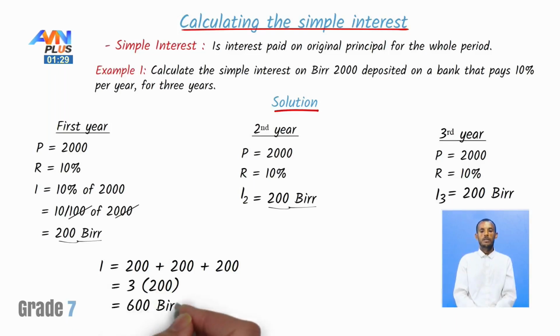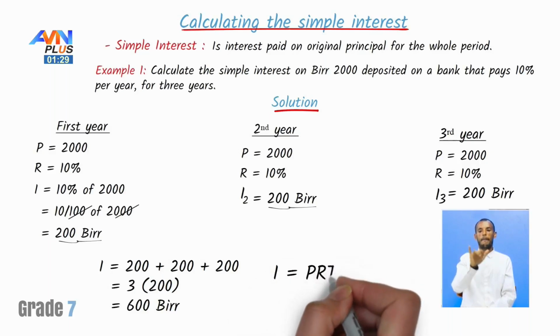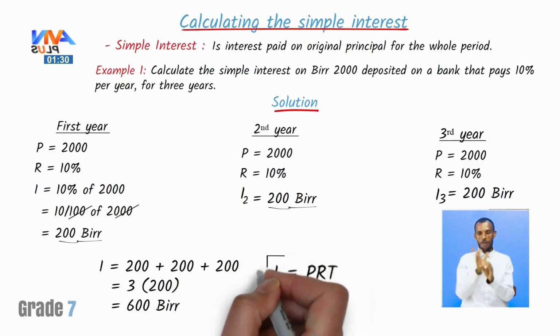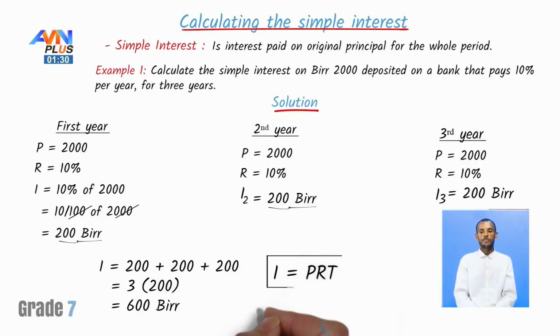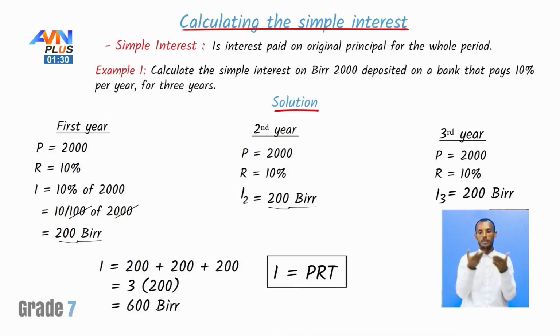By the way, to calculate simple interest, the interest for each year is the same. So simply you can use this equation to calculate the simple interest. I is equal to P times R times the length of the period.